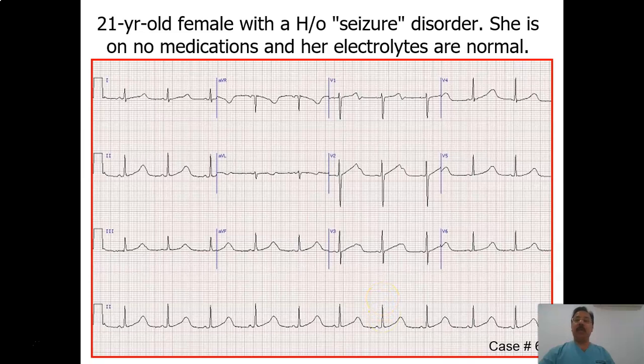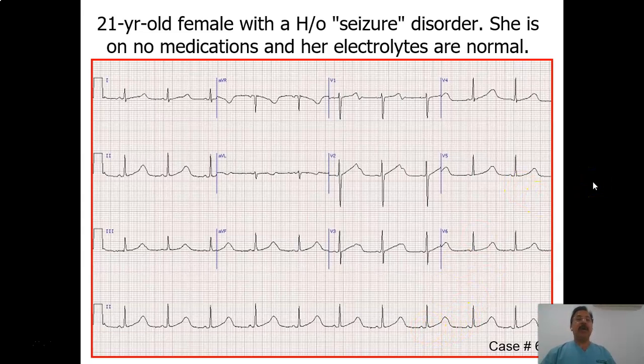And anything else interesting? Yes, the history is interesting. This patient has seizure disorders, her electrolytes are normal, and she's not taking any medication. So that may be some congenital disorder which is causing the prolonged QT interval and seizures.